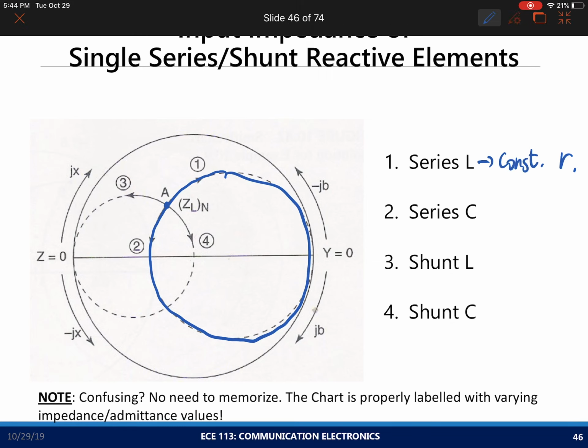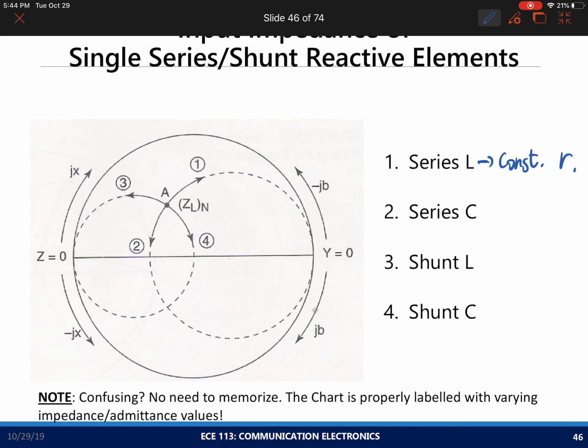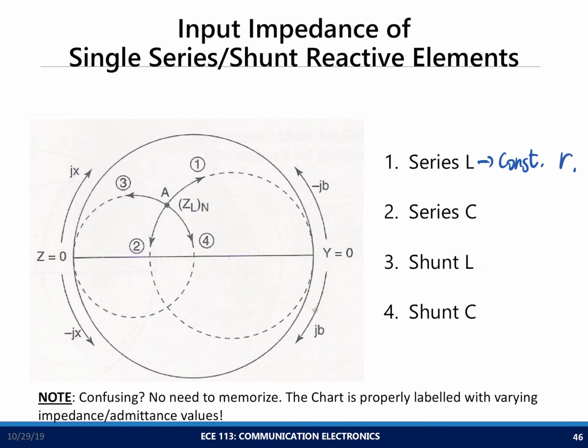So you move in that constant resistance circle. If you're series L, then you become more inductive. You move further towards the upper region of your Smith chart.